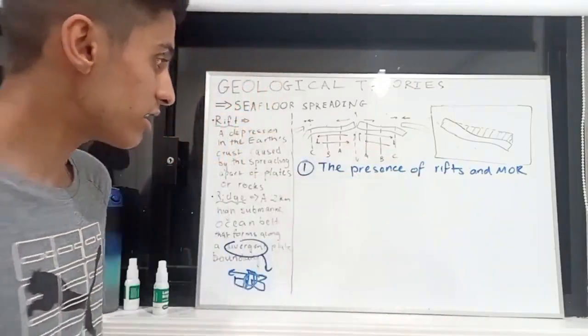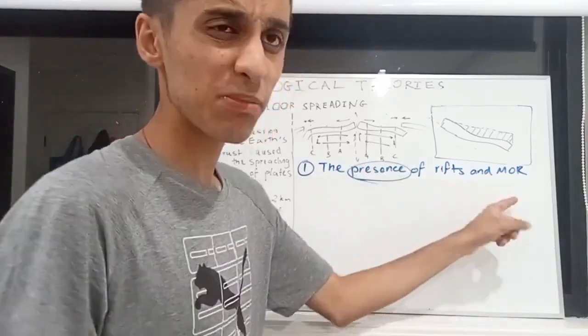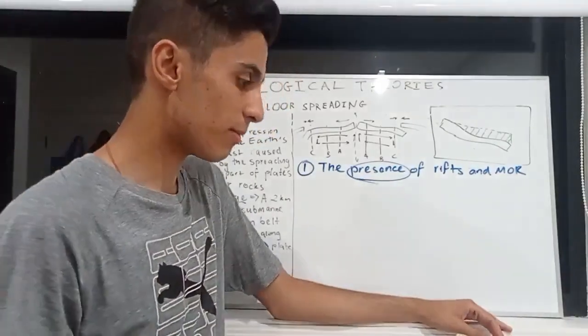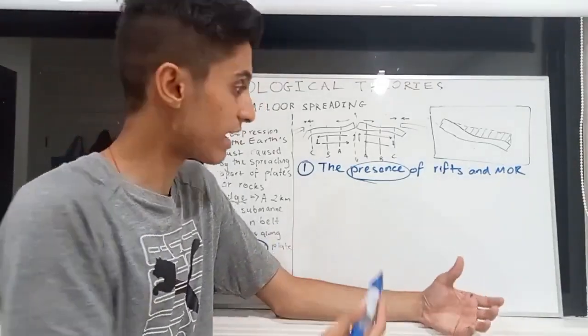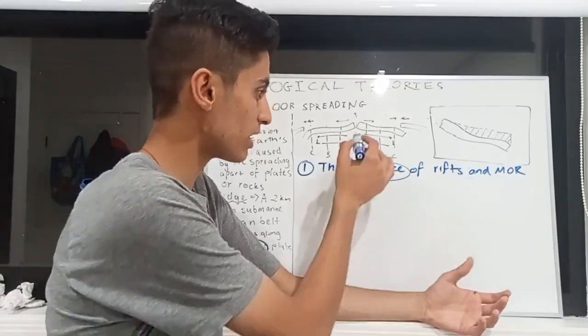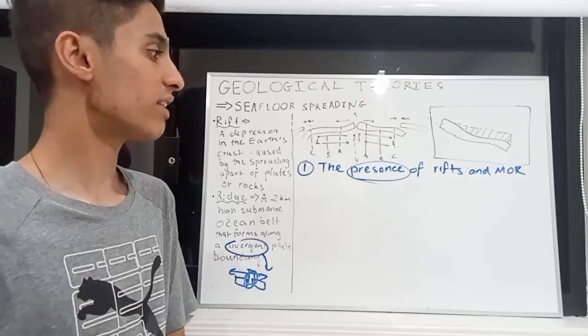So really, honestly, the existence of these landforms, and especially the mid-oceanic ridges, kind of prove the notion that ridge push is something that is occurring at the middle of the ocean and spreading apart the sea.